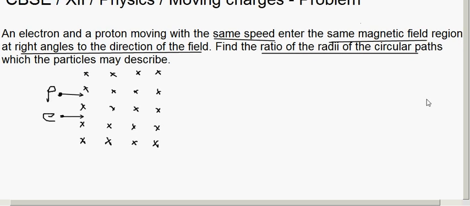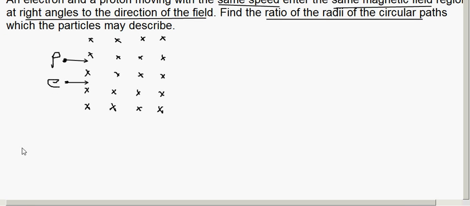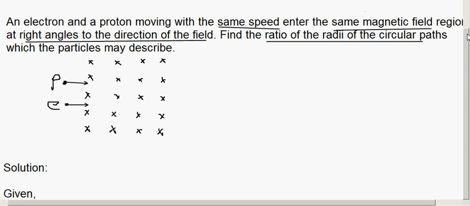First we will write the given quantities. Given: speed of proton is equal to the speed of the electron.